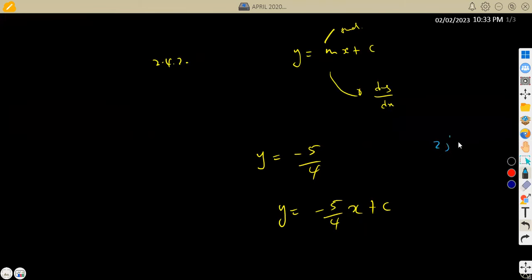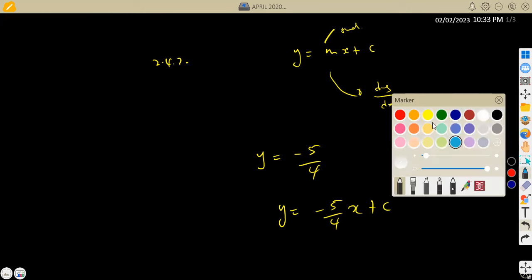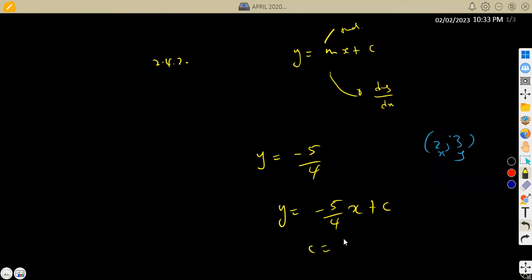So at that given point (2, 3), you've got our x and y. You can substitute the value of x and the value of y, and our c is going to be 11/2. These are the values that you simply needed to substitute into the equation.